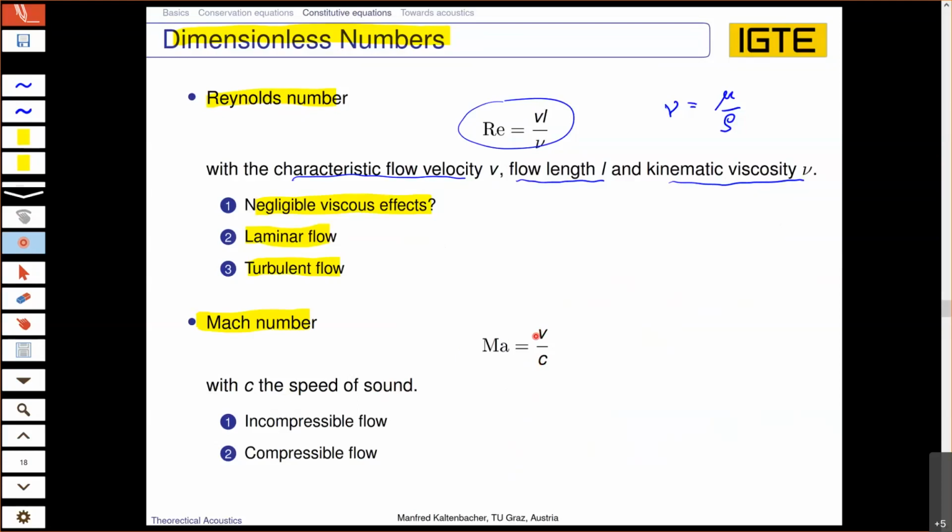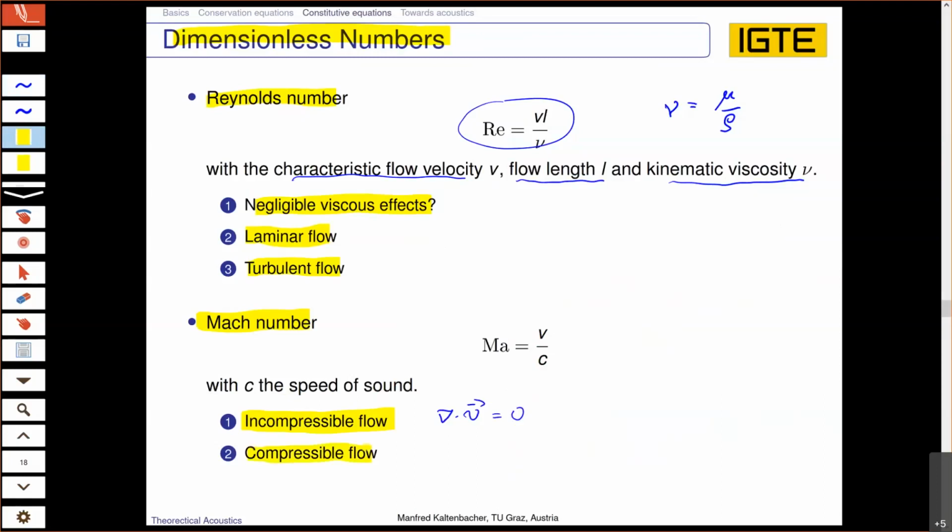And that helps us to differentiate if we can model the flow as incompressible. Please remember we already had this in the conservation of mass. Incompressible, we can model that the divergence of our velocity is zero. Or we have to take into account compressible effects, and that is always the general case.